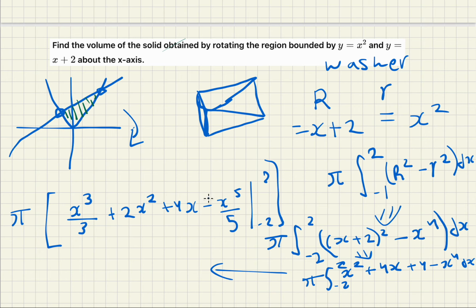When we input 2, we get 2 to the power of 3, which is 8, so 8 divided by 3, plus 2 times 2 to the power of 2, which is 4, so 2 times 4 is 8, plus 4 times 2 is 8, minus 2 to the power of 5, which is 32 over 5.